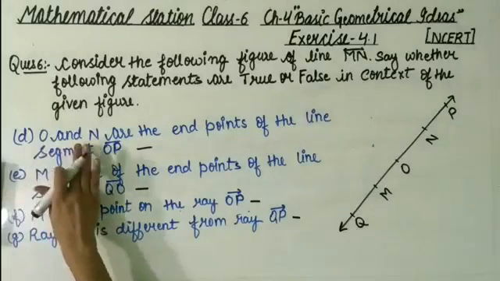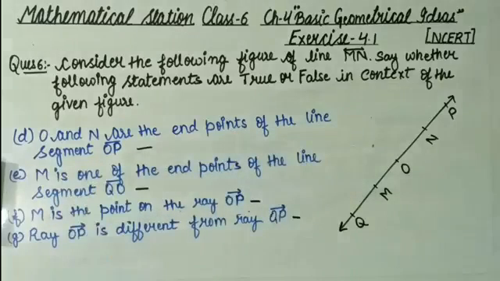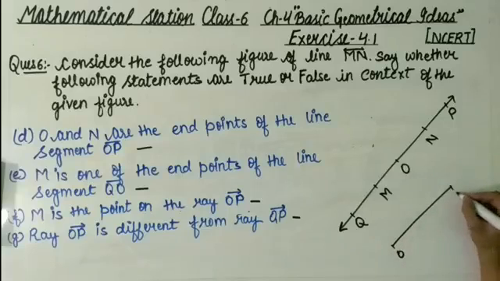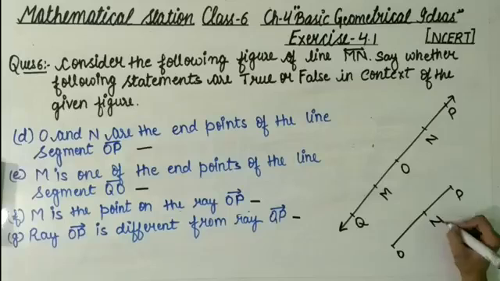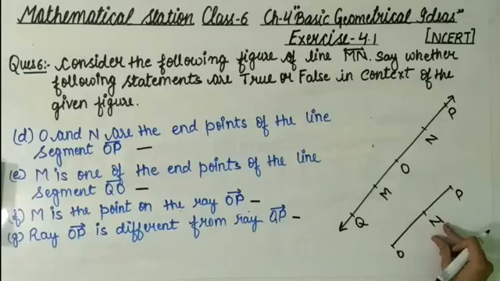Next is: O and N are the end points of the line segment OP. If we take line segment OP, then on one side there is O and on another side there is P. And N is in the middle of them. So this statement is false.